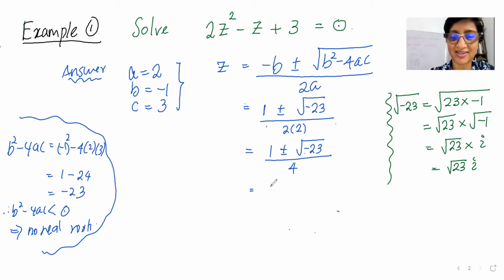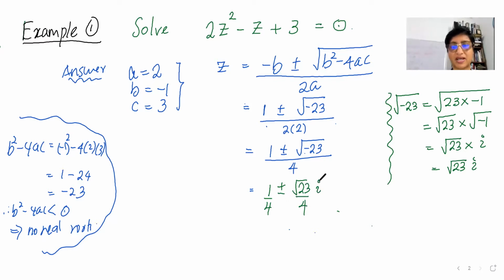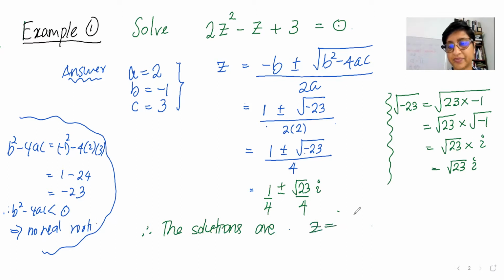Okay, so I can write this as 1 plus or minus root 23 i over 4. I can write my answer in a plus bi form. So what are my two answers? Therefore, the solutions are Z equals 1/4 plus root 23 over 4 i.